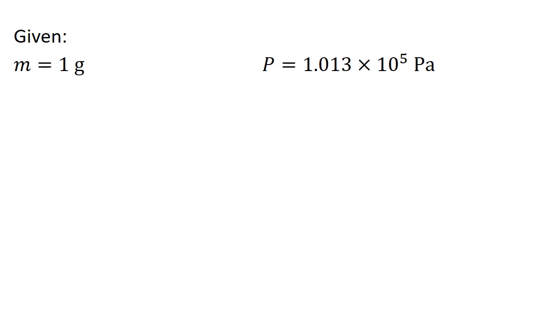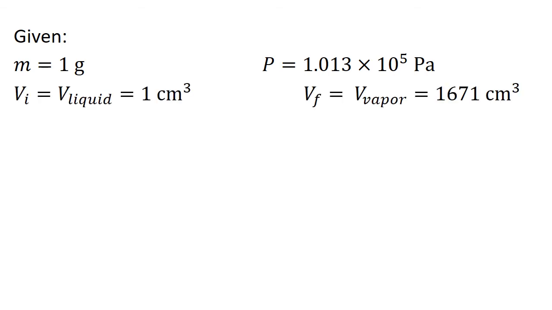Given tayo ng mass and the constant pressure kasi isobaric siya. Constant atmospheric pressure. Mass is 1 gram. Atmospheric pressure is 1.013 times 10 raised to 5 pascals. The initial volume, which is in liquid state, 1 cubic centimeter. And the final volume in the vapor state or gas state is 1,671 cubic centimeters.